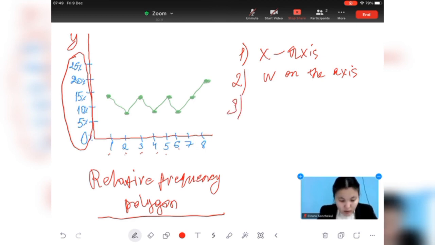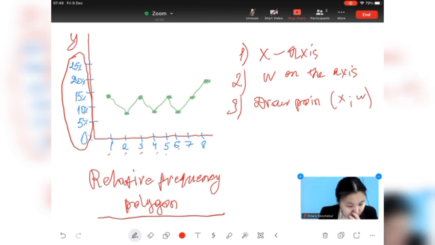Third, draw points with coordinates x, omega. Omega is the relative frequency.